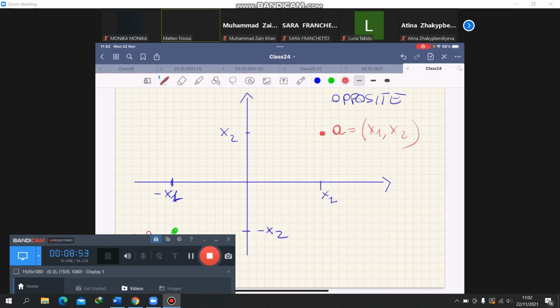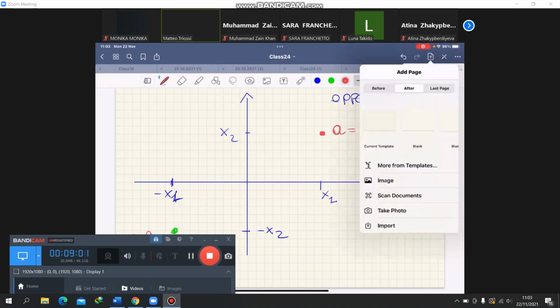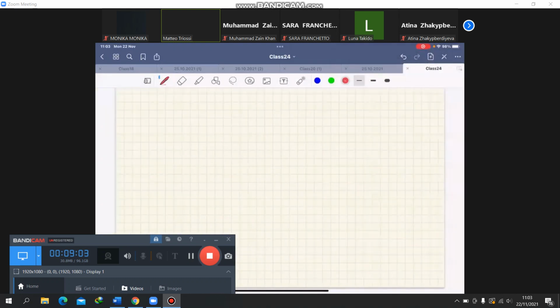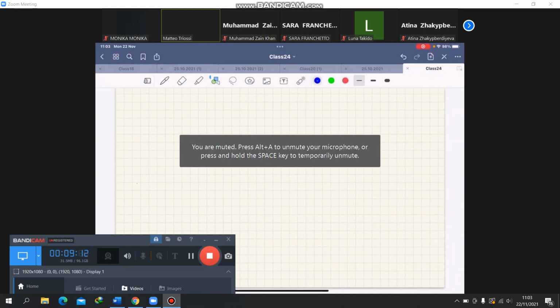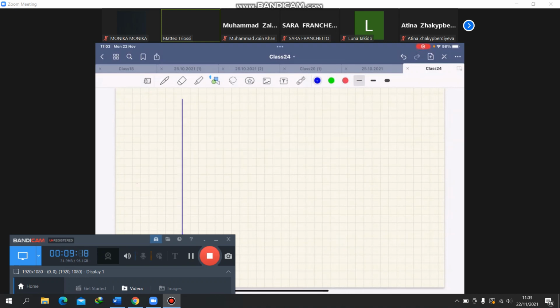So if you want to mimic the sum of two vectors, let's make it in the first quadrant only.